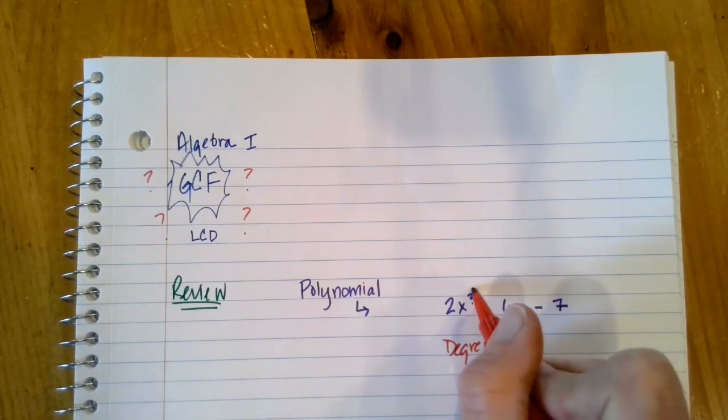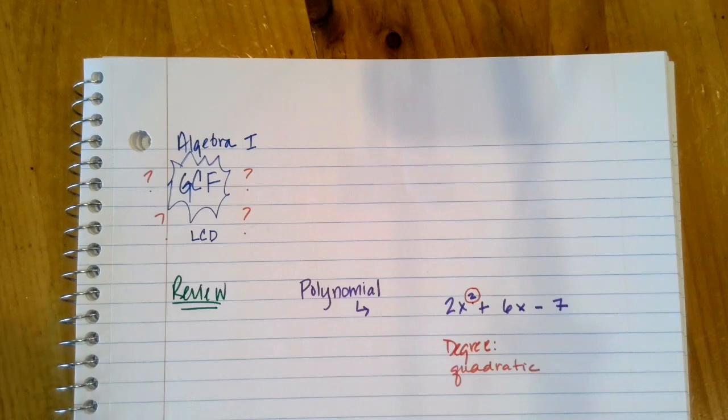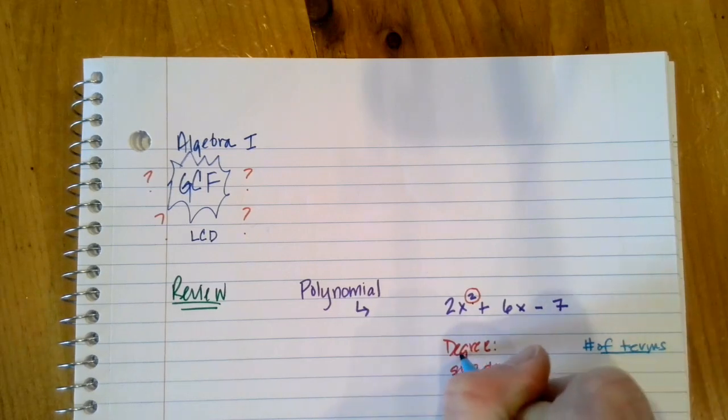Because we see this 2 there, that means that this is going to be a quadratic polynomial. Our next thing that we're going to do is classify it by the number of terms.